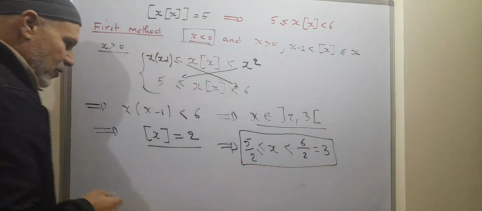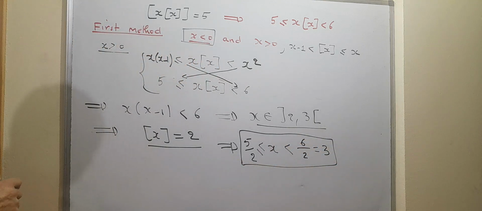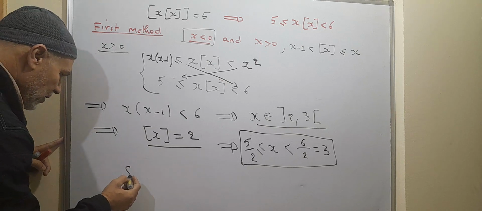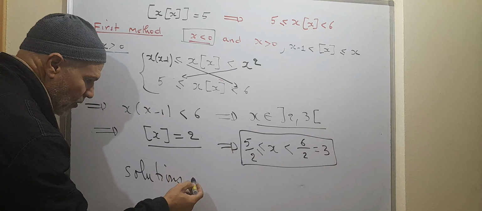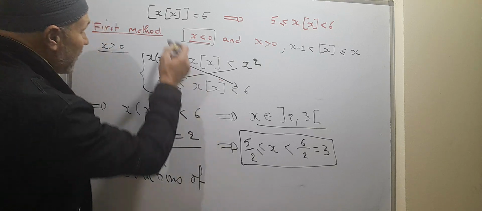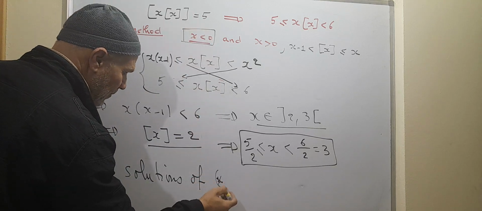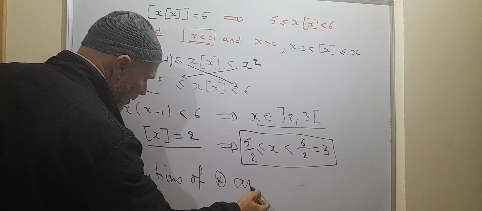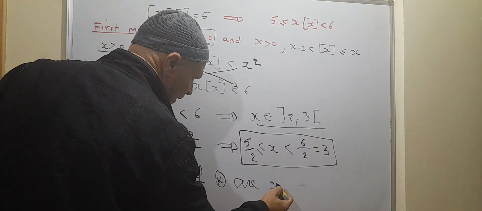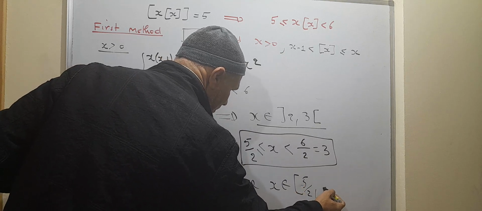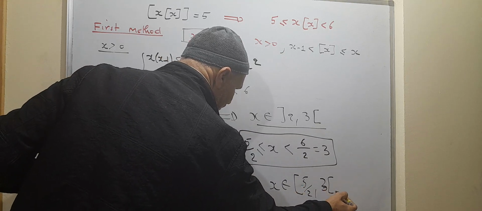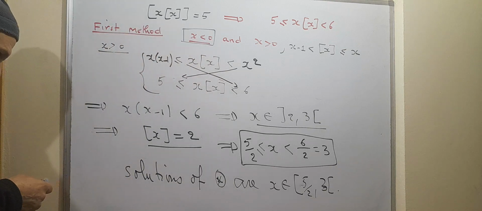Actually, this is a unique interval of solution. So the solutions of this equation are all x from 5 over 2 to 3, with 3 excluded. This is the first method.